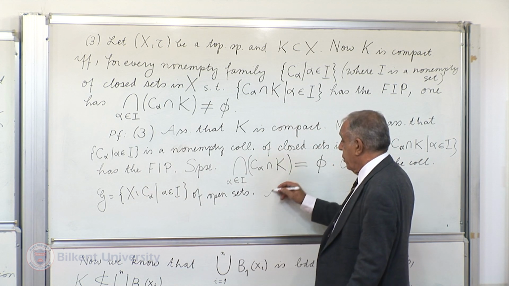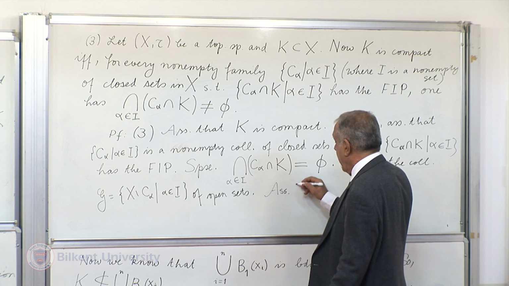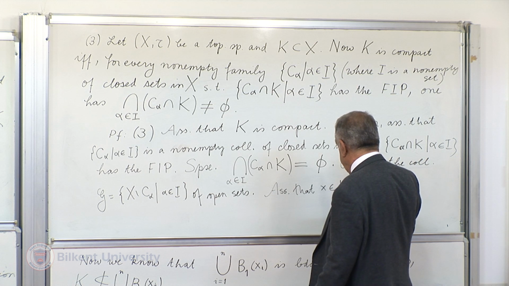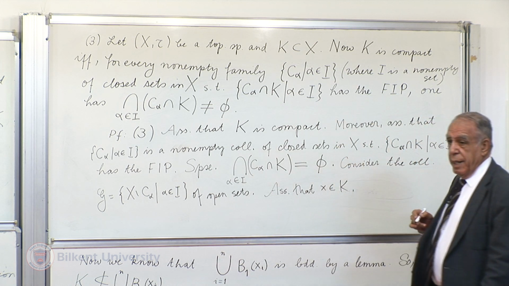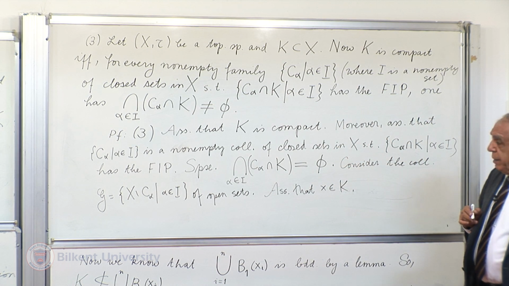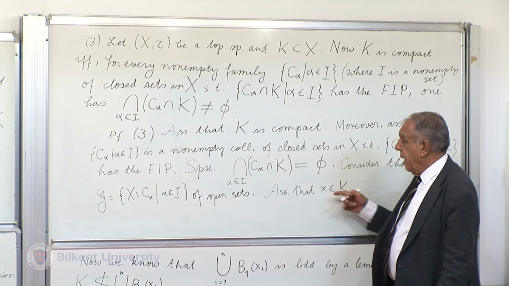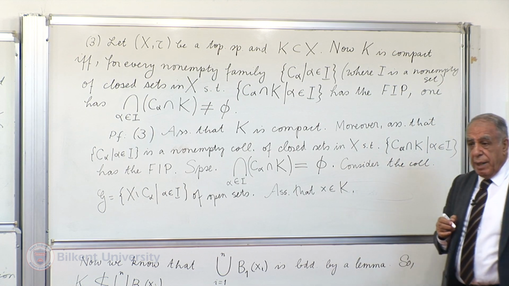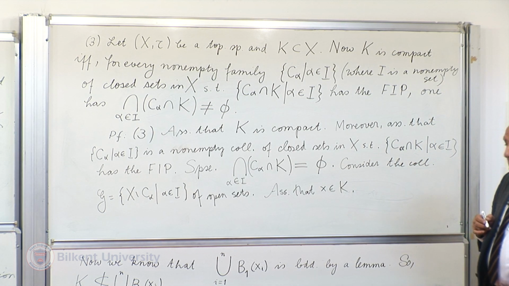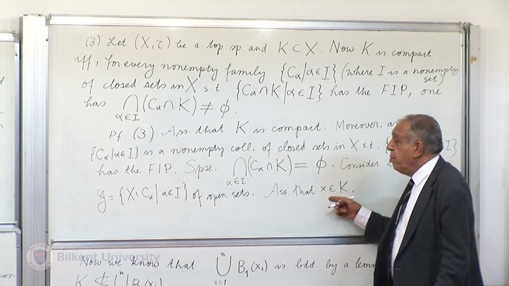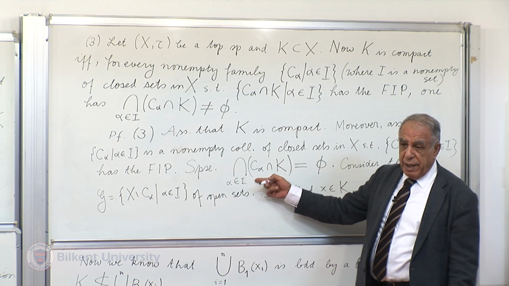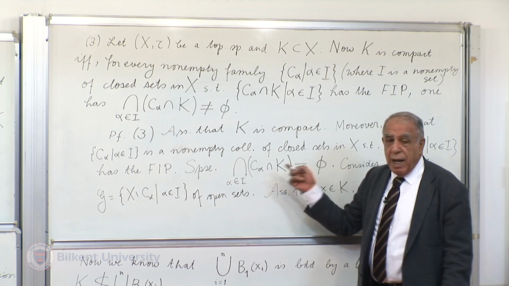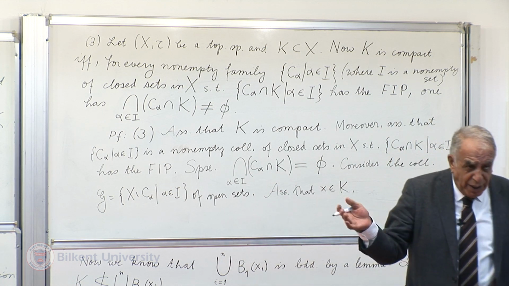Now, assume that x is in K. But x in K, together with this supposition, what does that imply? Well, x cannot belong to C alpha for each alpha. If it did, it would belong to C alpha intersection K for each alpha.